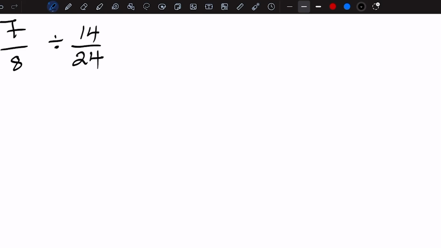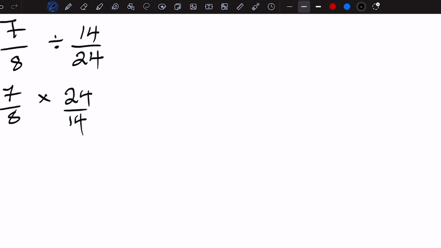We're going to do the same thing again. We have the first fraction, 7 over 8. Change the division sign to multiplication. And then we'll find the reciprocal, which is basically flipping it. So instead of 14 over 24, we're going to have a 24 over 14.